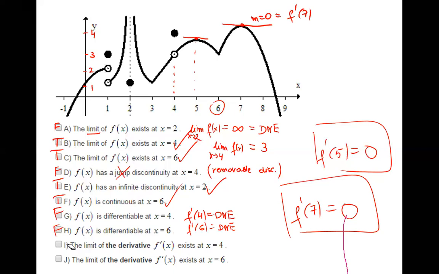Question I: the limit of the derivative f prime of x exists at 4. That's what this means. This question is asking about the derivative on the left and the right-hand side, because we see the word limit, so we're not looking exactly at 4.